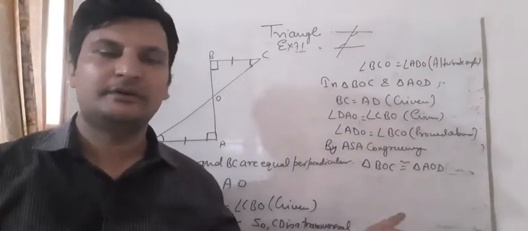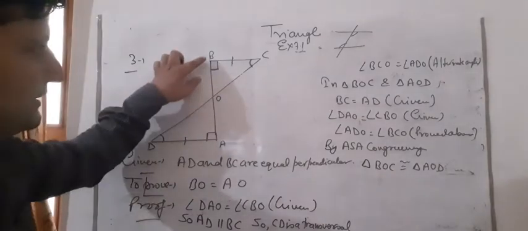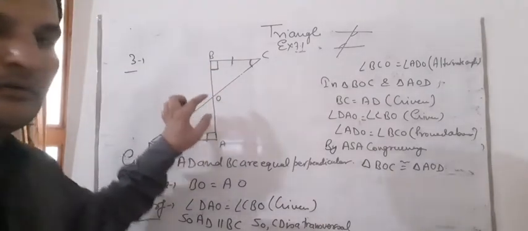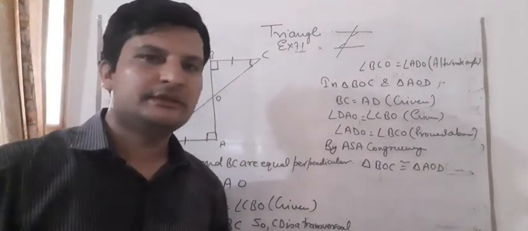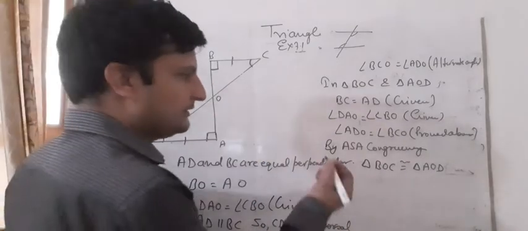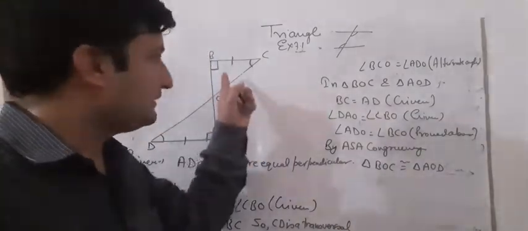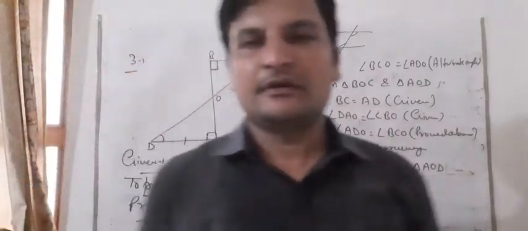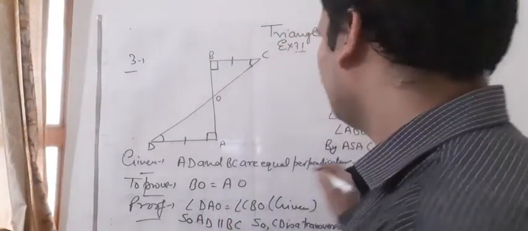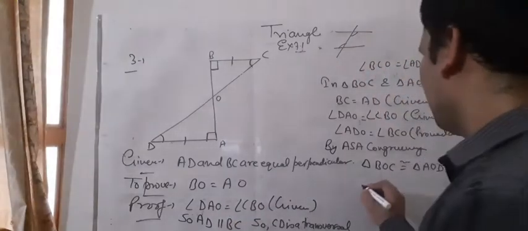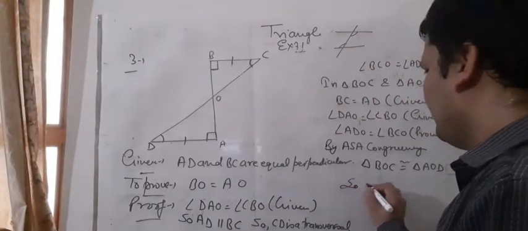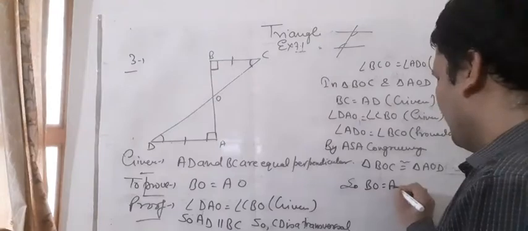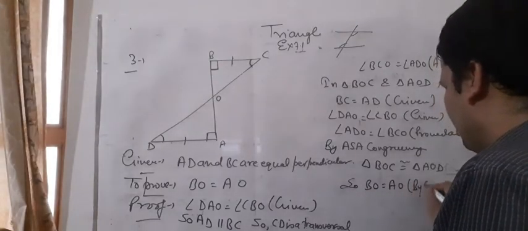Why have we proved it? Because we have to prove that BO is equal to AO, which is part of these two triangles. I have told you that if two triangles are congruent to each other, then each side, each angle, all the things will be equal to each other. So we can say that BO is equal to AO by CPCT.